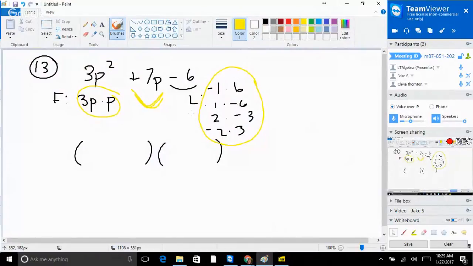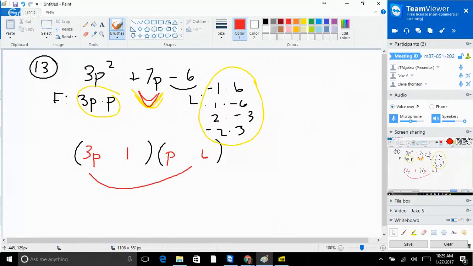We've got 3p times p, and we've got all these combinations for the last one. We know the only combination for the first is 3p times p, and we know we want to get to 7p in here. So would we want to pick 1 and 6 and put 6 over here and 1 over here? No, because that would mean we're going to have 3p times 6, and 3 times 6 is 18, and 18 is nowhere near 7p.